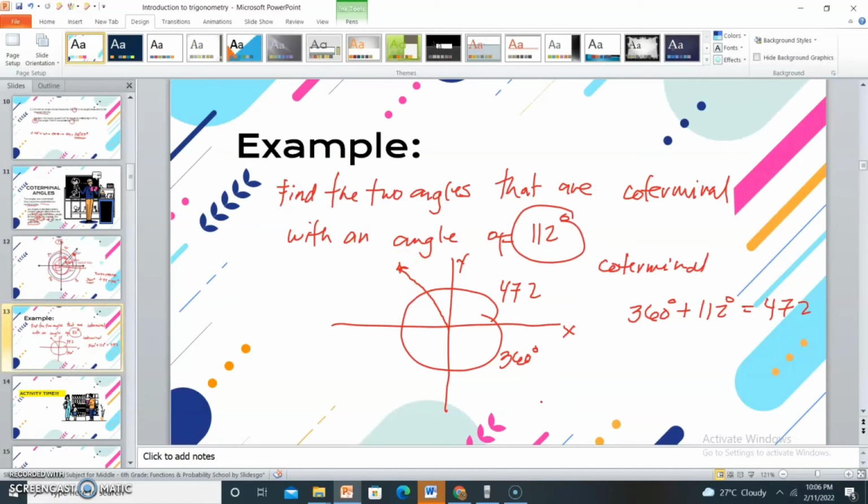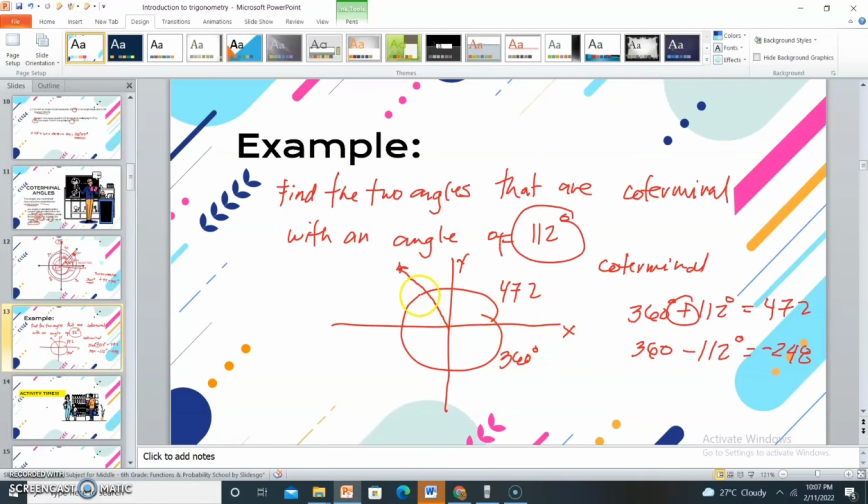Second, to find the second coterminal with 112 degrees, find the negative angle with the same initial and terminal side. So just subtract: one is positive, adding, and one is subtracting. 112 minus 360 equals negative 248. Then graph it, point the angle on the x and y axes.